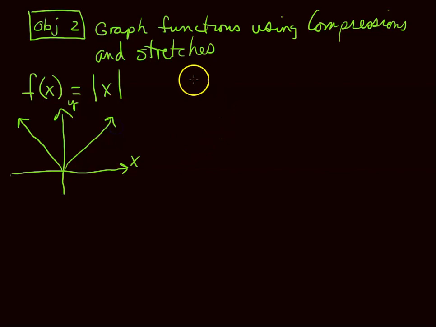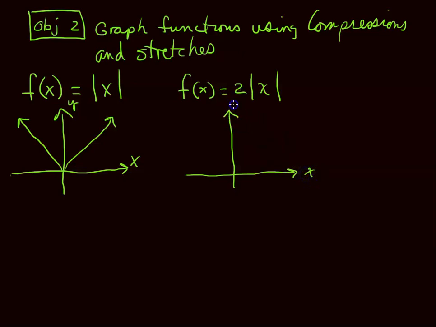Now, what happens when we multiply on the outside? On the outside works vertically. And on the outside works the way you think it should. So when you multiply by 2, you are doubling things, and it makes it a little skinnier. So if this point is 0, 0, the reference point doesn't move.